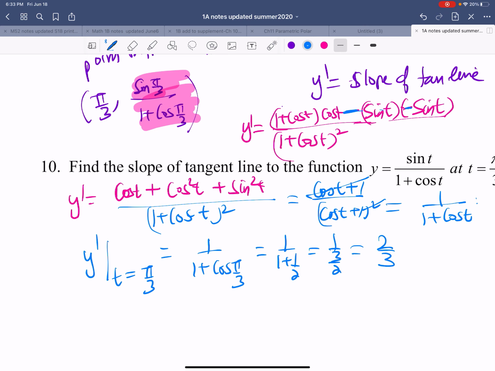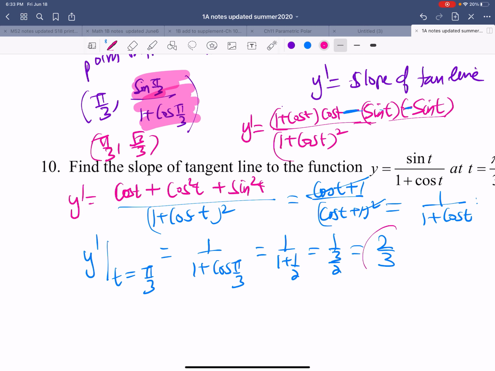So sine pi over 3 divided by 1 plus cosine pi over 3. That turns out to be square root of 3 over 3. So my point is pi over 3, root 3 over 3.